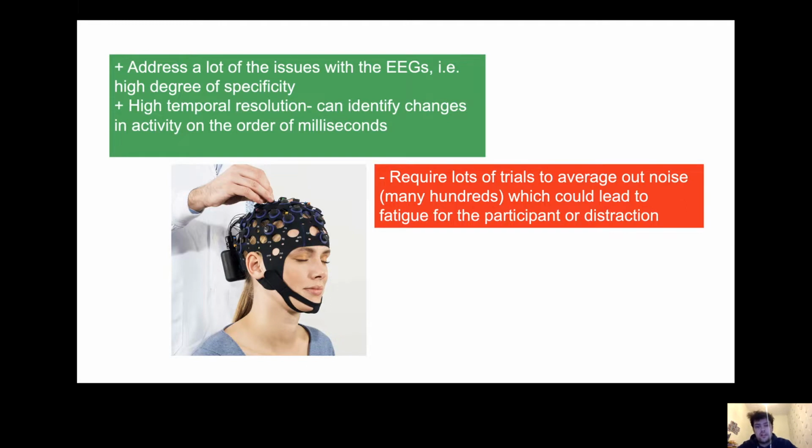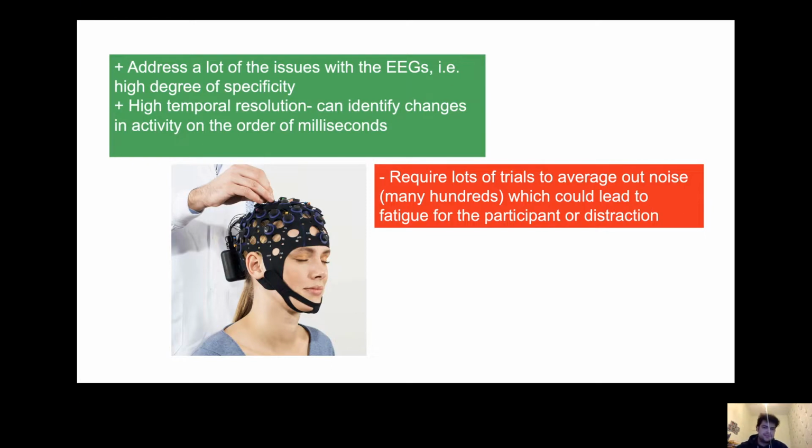So if I was shown a tarantula, the first time you show it I'm likely to have a much stronger response than the 500th time you show it to me, because I've acclimatized. So the response might become weaker over time, which then makes it harder to average out the noise, because you're having to adjust as well for the fact that the response you're actually looking for is changing over time.